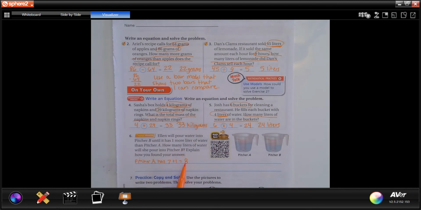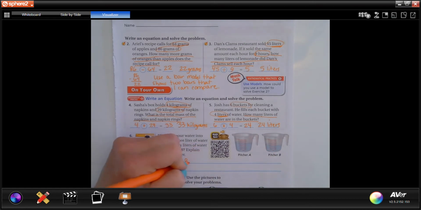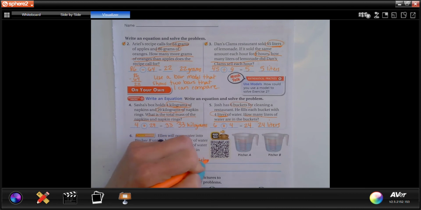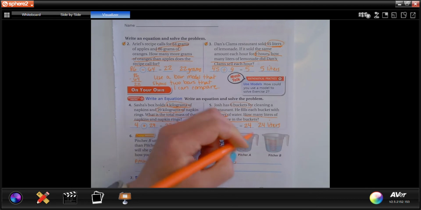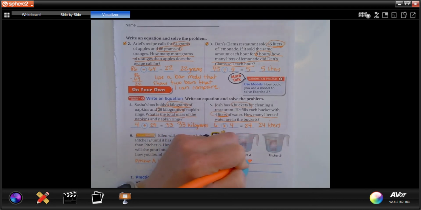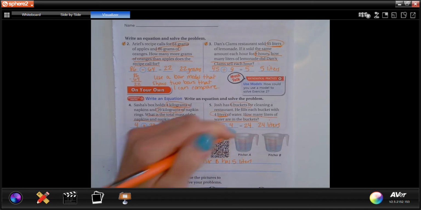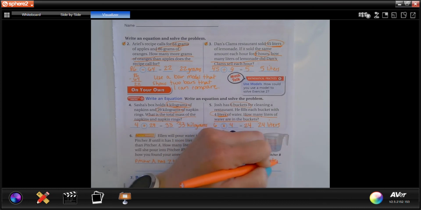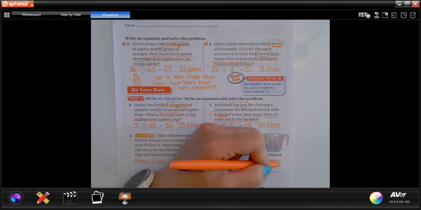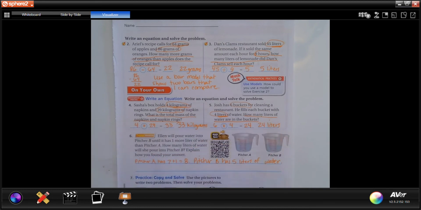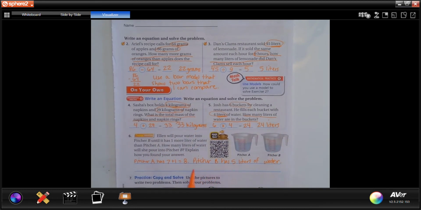Okay, so we know that pitcher B has how many? It has 5. So pitcher B has 5 liters of water. And then we know that in order to find how many liters of water, we have to subtract 5 from 8.